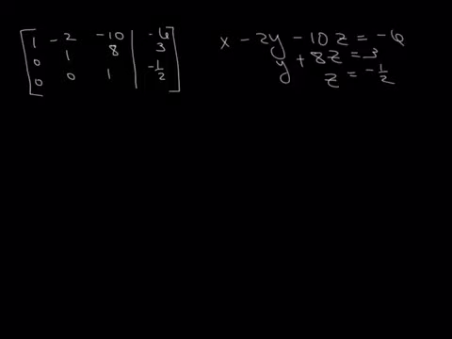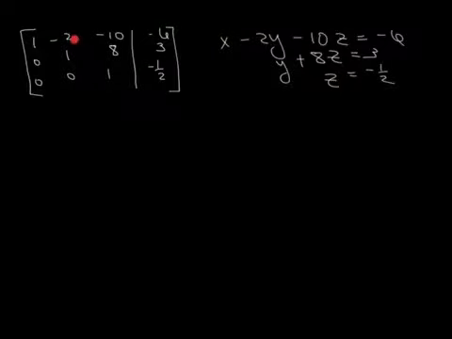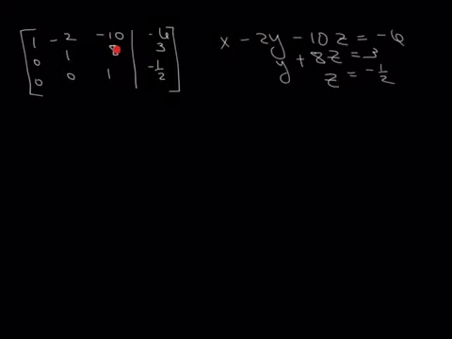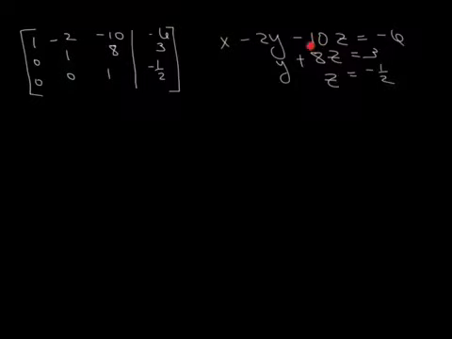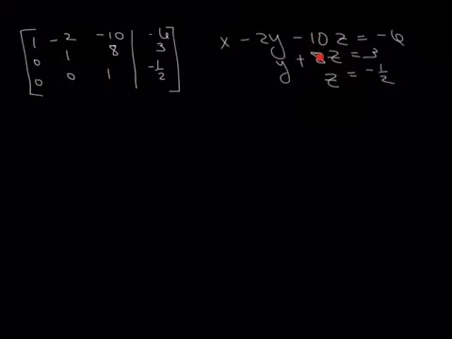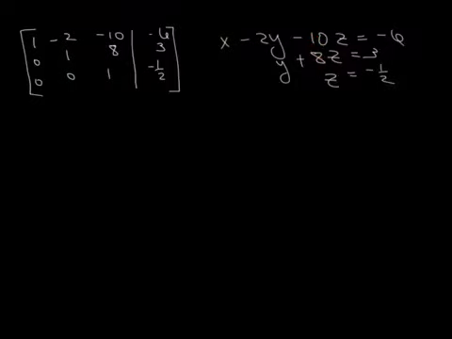The book goes into another step, which is called the Gaussian-Jordan elimination method. And what that does is it changes these 3 numbers here to zeros as well. And when we change these 3 numbers to zeros, it would be x equals this, y equals this, z equals this. So you don't have to back substitute in, which I prefer doing personally, but we do need to continue on with this.